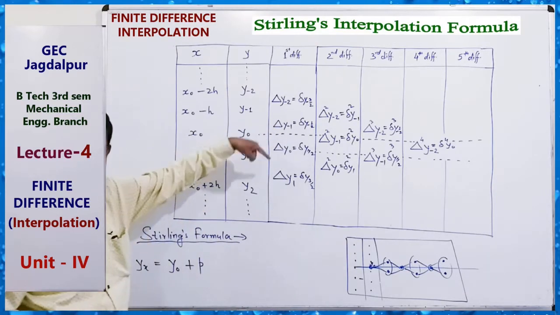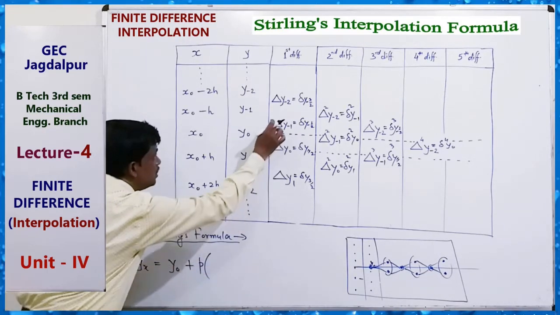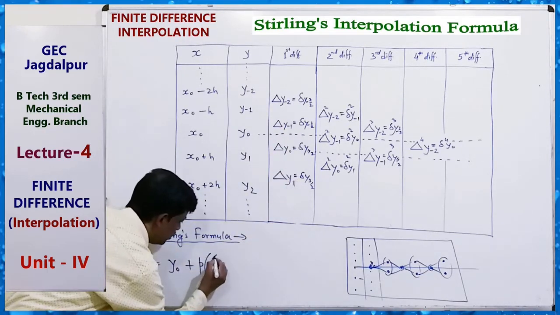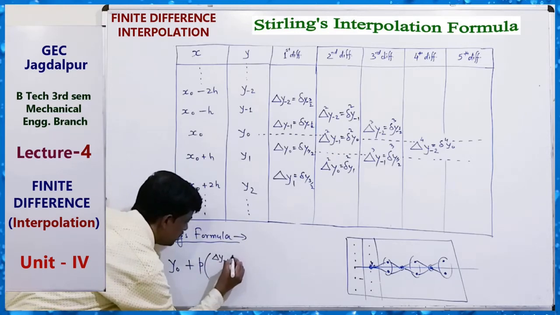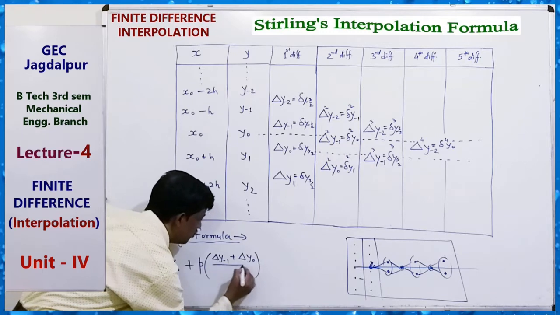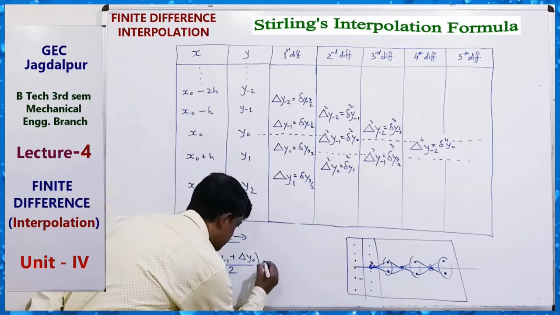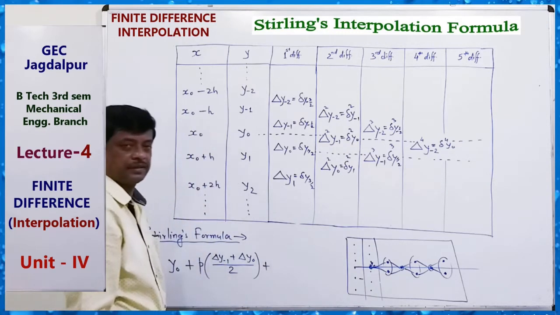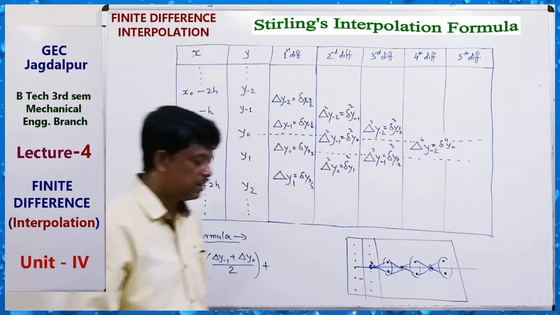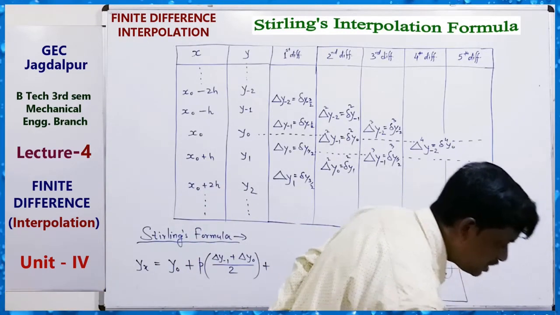The average of these two means this plus this by 2, del y minus 1 plus del y 0 upon 2. Then plus p squared by 2 factorial.